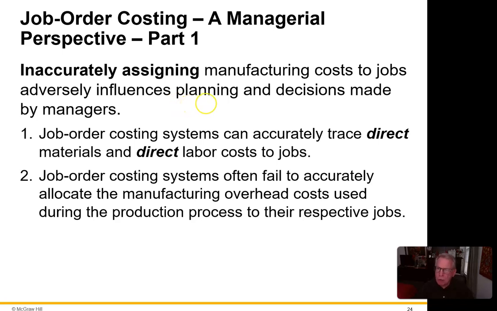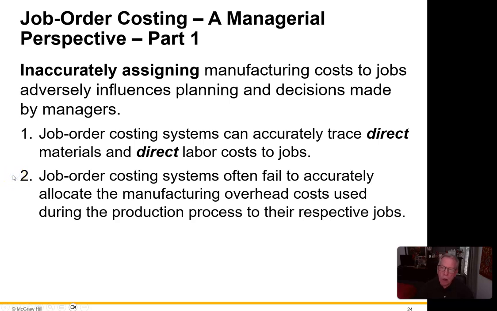And that adversely influences planning and decisions made by managers because we don't know the cost of those jobs. So number one here, job order costing systems can accurately trace direct materials and direct labor costs to jobs. That is done pretty routinely through our computer systems, to be honest.